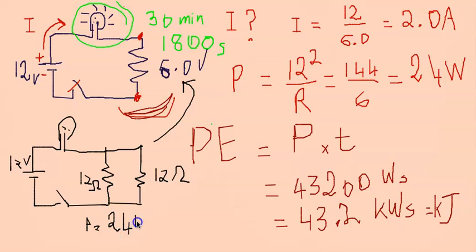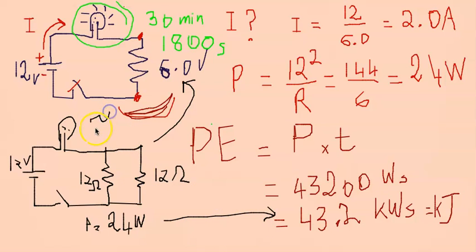And if you want to keep the same time of 30 minutes, we're going to end up with 43.2 kilojoules or kilowatt seconds. Now, this is for the whole system.